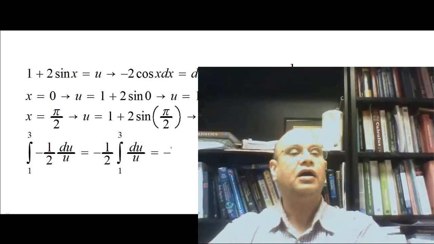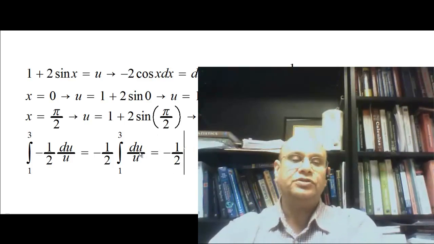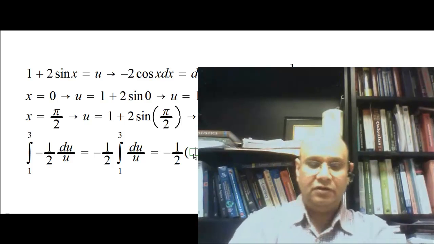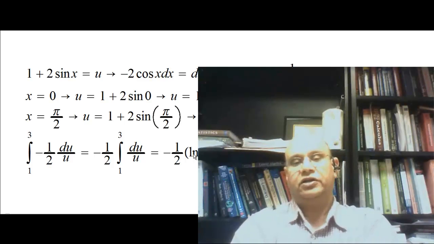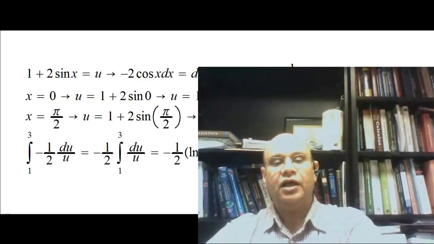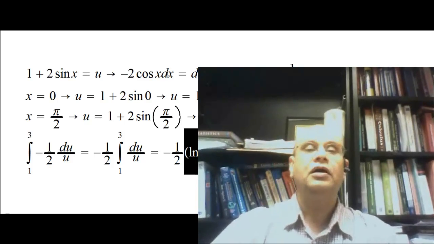Negative, and then what? 1/2, and who is this integral then? Ln of what? Du, antiderivative of 1 over u is ln of u, right? Makes sense? And this is going to be taken from where to where?